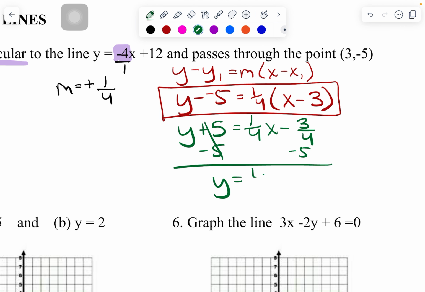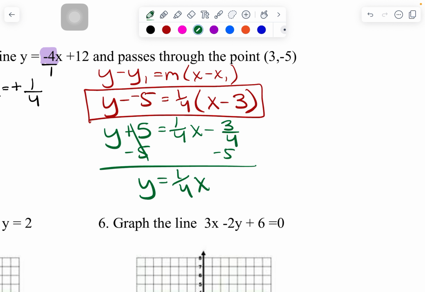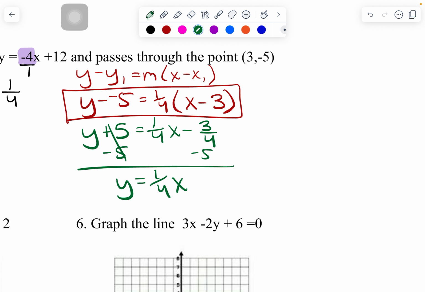So y is equal to 1/4 x. Now off to the side here, I'm going to do negative 3/4 minus 5. I can write that over 1. So common denominator here would be 4. I didn't have to change this first fraction at all. To get from 1 to 4, I had to multiply by 4, so that's going to be 20.